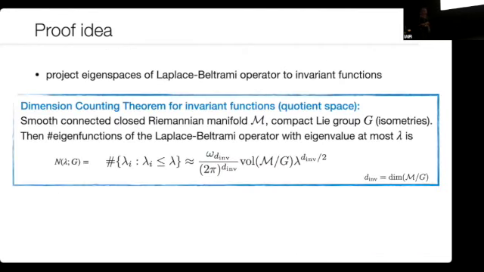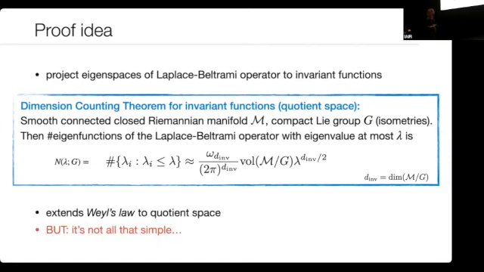The main result here is to show how the number of these eigenfunctions that are invariant and have an eigenvalue smaller than a certain lambda is bounded. This is actually a result that exists for general manifolds. It's called Weyl's theorem, Weyl's law. Essentially what we proved here is Weyl's law for the quotient space, because the quotient space is the space of these invariances.